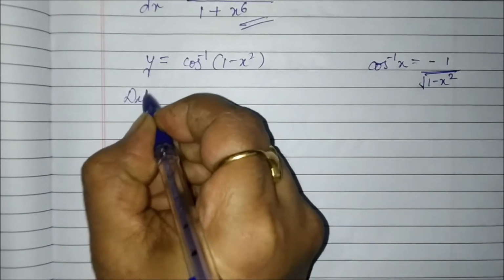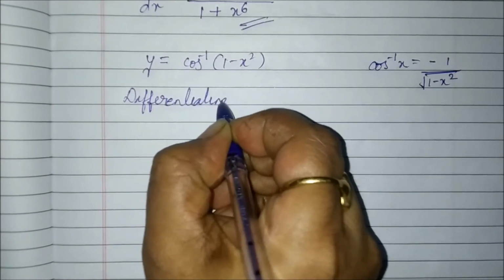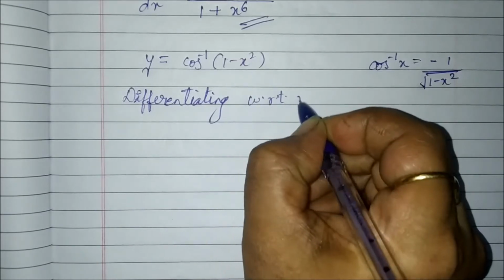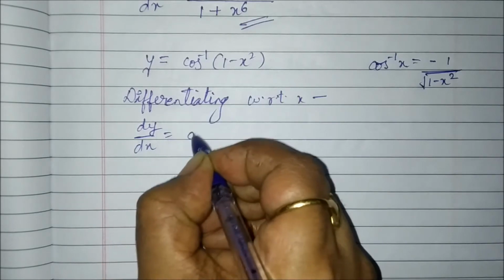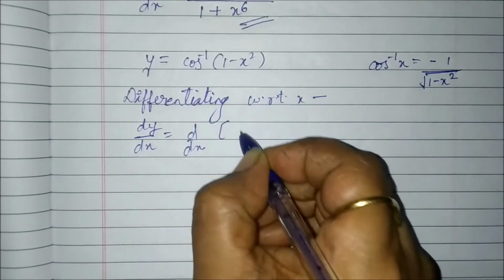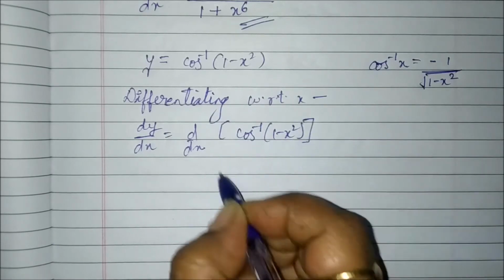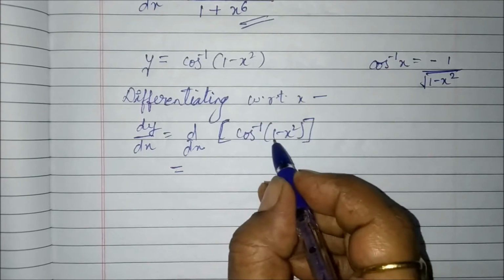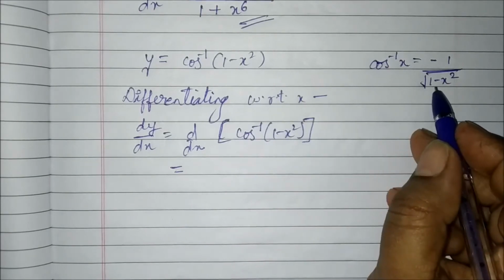Again we write here, differentiating with respect to x, we get dy by dx is equal to d by dx of cos inverse 1 minus x square. Now consider this 1 minus x square as single x and apply this formula.